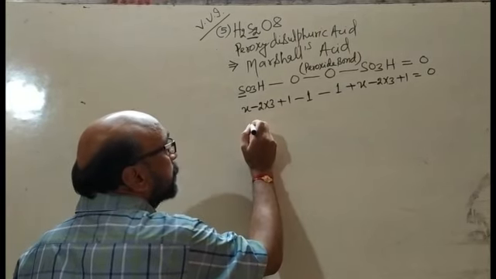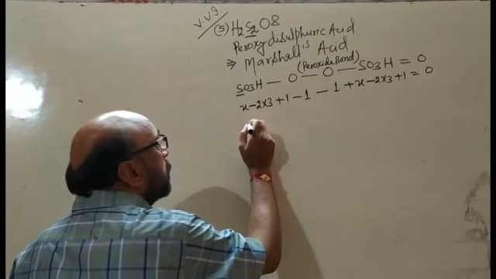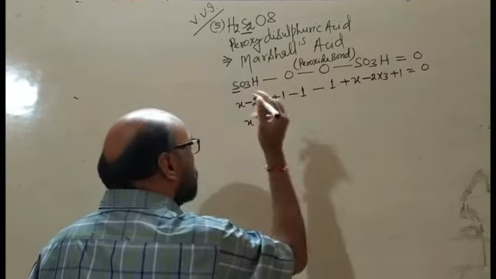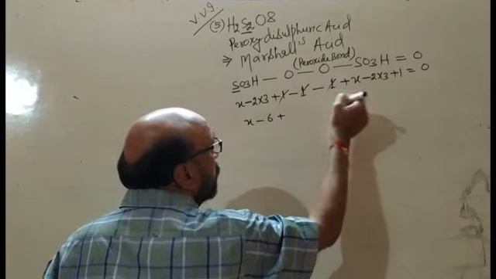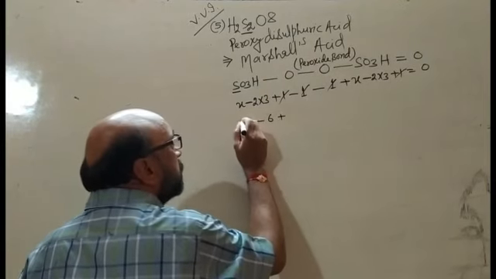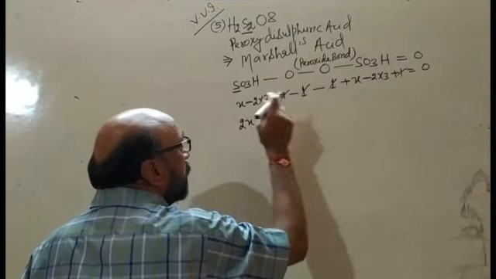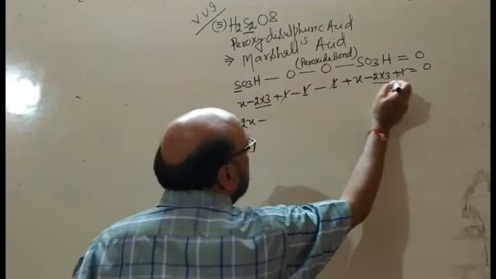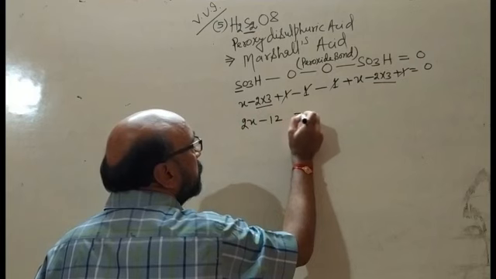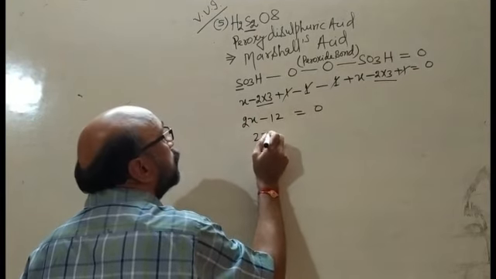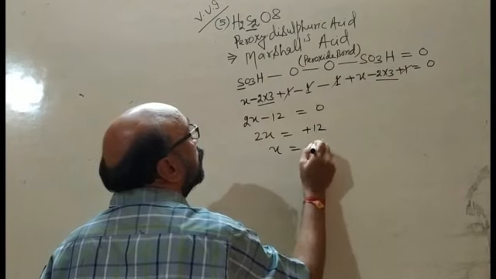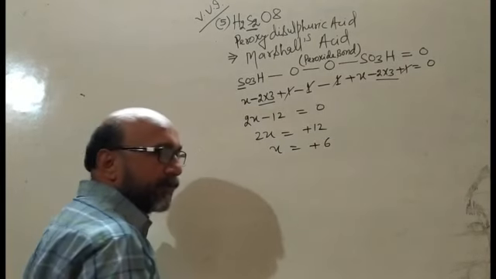Now x - 6 plus 1 minus 1 plus 1 minus 1 cancelled. 2x - 6 - 6 = 0, so 2x - 12 = 0. 2x is equal to +12, x is equal to +6.